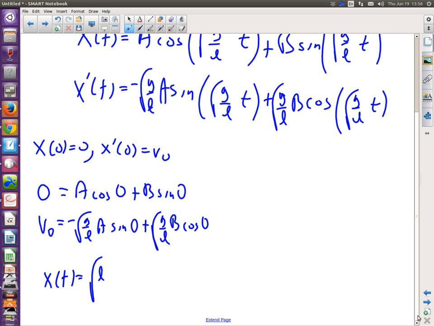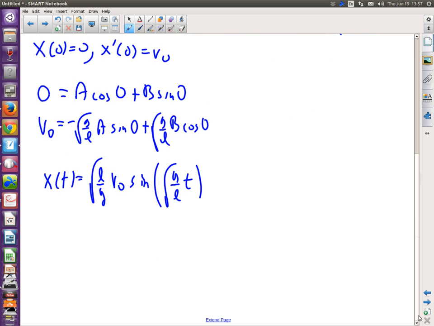It's root L over g times v0 times sine of root g over L t. Alright, so let's talk about how that solution is affected. Let's see. So as L increases, so if L increases the length of the pendulum, what happens?